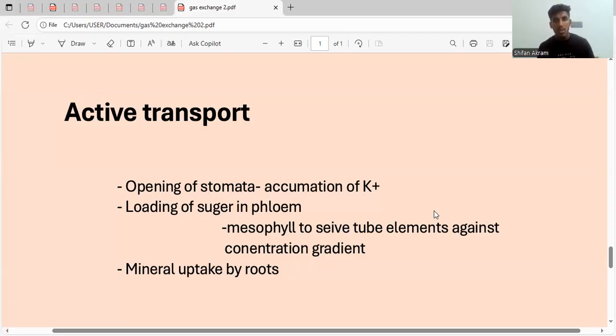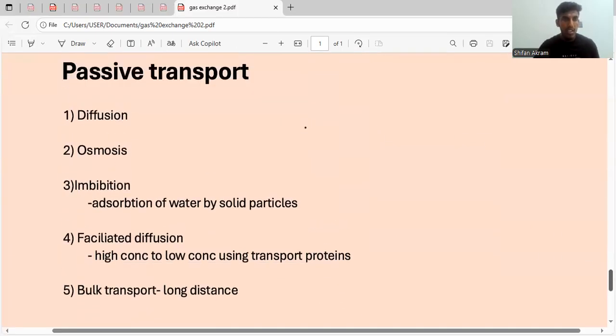Now let us take a look at where passive transport is involved. When it comes to passive transport, we have diffusion, osmosis, imbibition, facilitated diffusion, and bulk transport. Let us take a look at each one of them. Diffusion is the movement of substances from high concentration to low concentration without using energy or ATP.